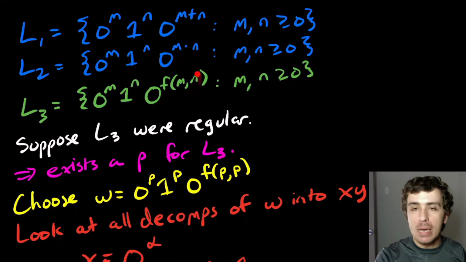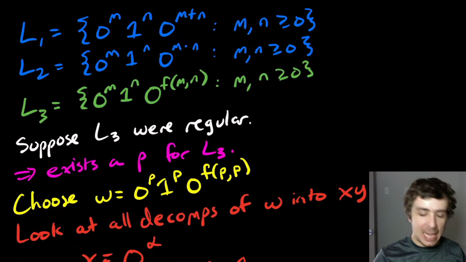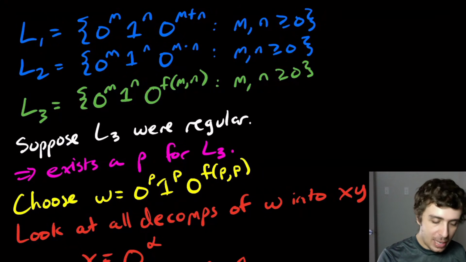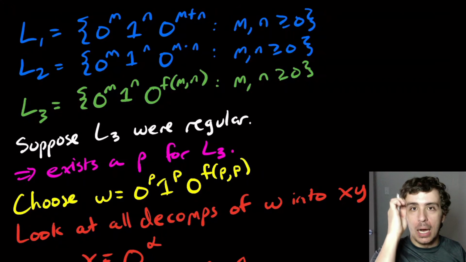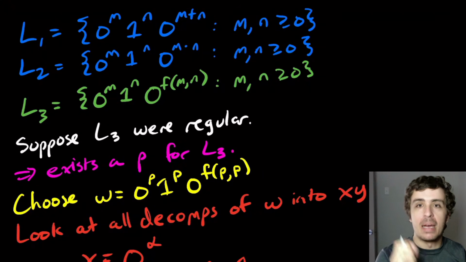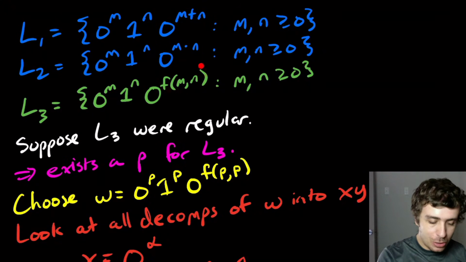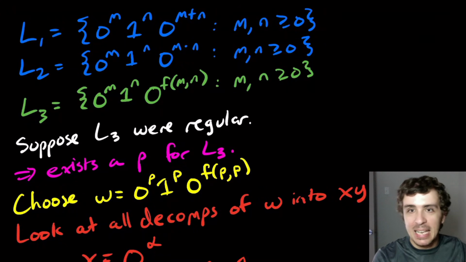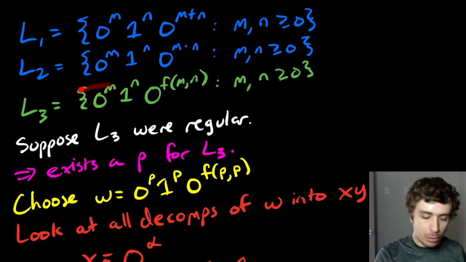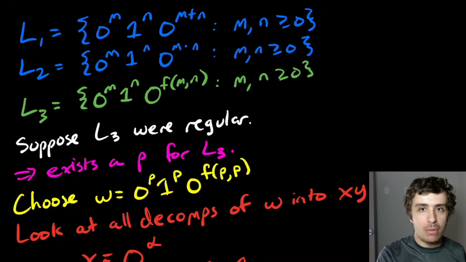Whereas if we get rid of that right here, then we can't claim anything. And even if this was just m, I'd have to think about it, but you can't claim anything based off of this. F could technically be anything here. So L3 we can't claim as regular or not regular, it depends on F, but L1 and L2 are definitely not regular.